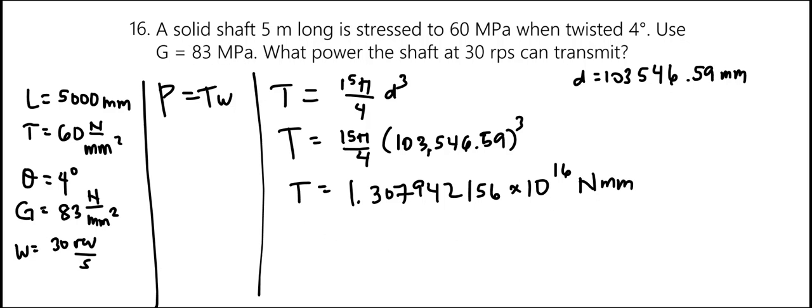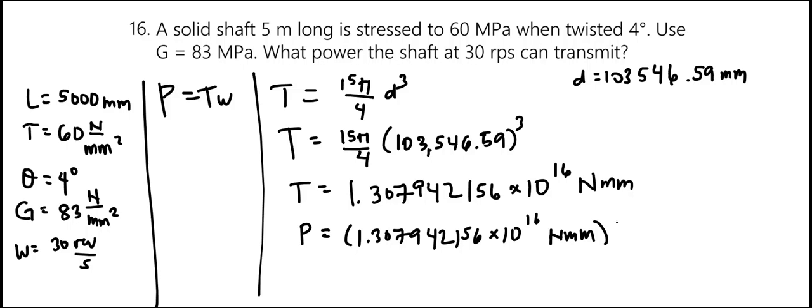Now we can solve for the power by multiplying the torque, that is equal to 1.307942156 times 10 raised to the 16th power Newton millimeter, by the angular velocity of 30 revolutions per second.